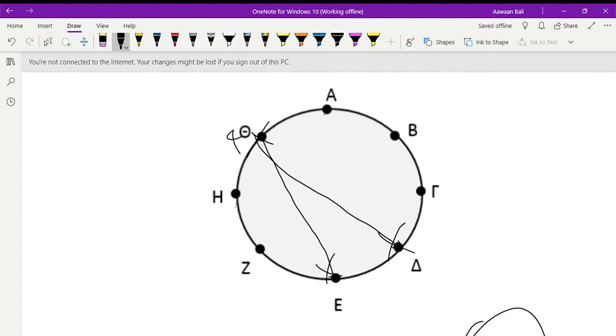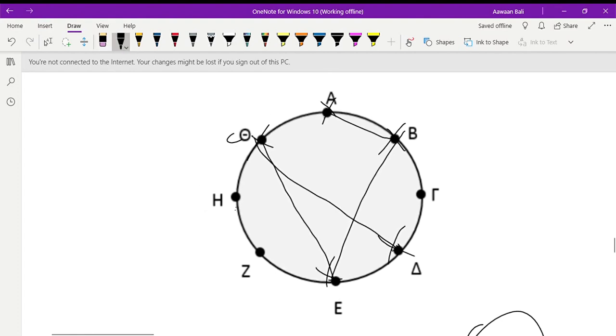Then we count 1, 2, 3, 4. Veta is burst, so we go here. Now we count 1, 2, 3, 4, and alpha is burst, so we go here. You get the idea, right? So basically we follow this procedure, and then after alpha we have 1, 2, 3, 4.